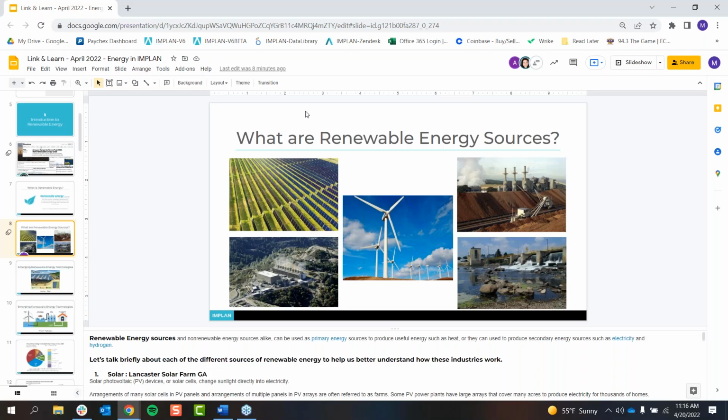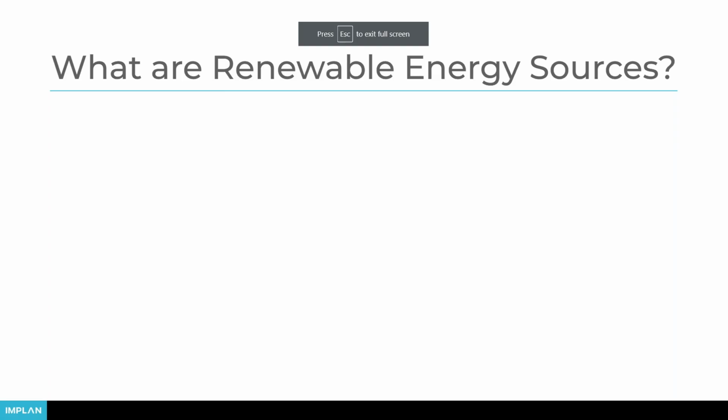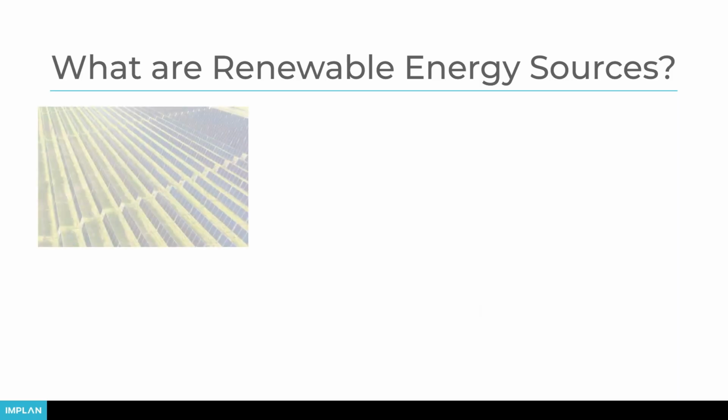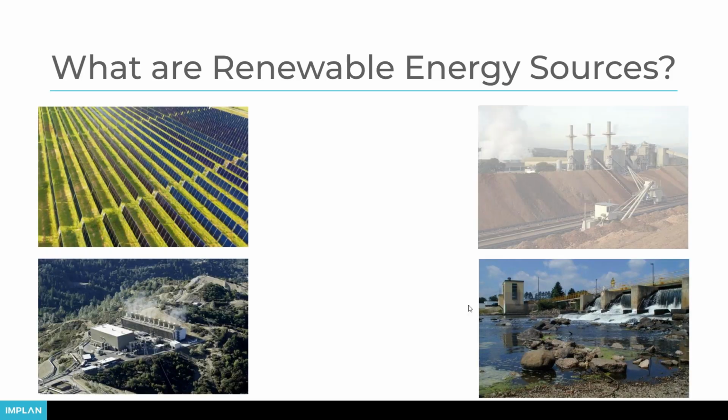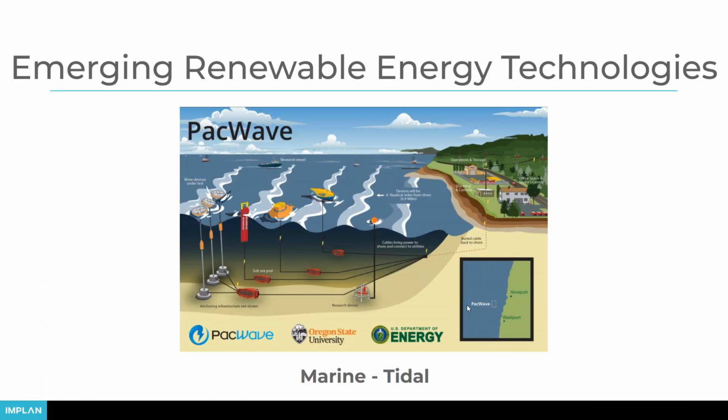I will show my screen and go into presentation mode. Are you still unable to click through? Yes. So we'll just have you advance the slide. Okay, so you can go to the next one.